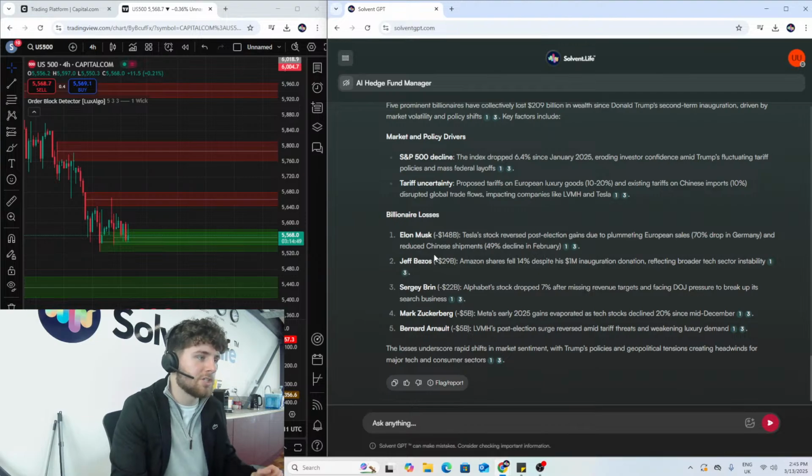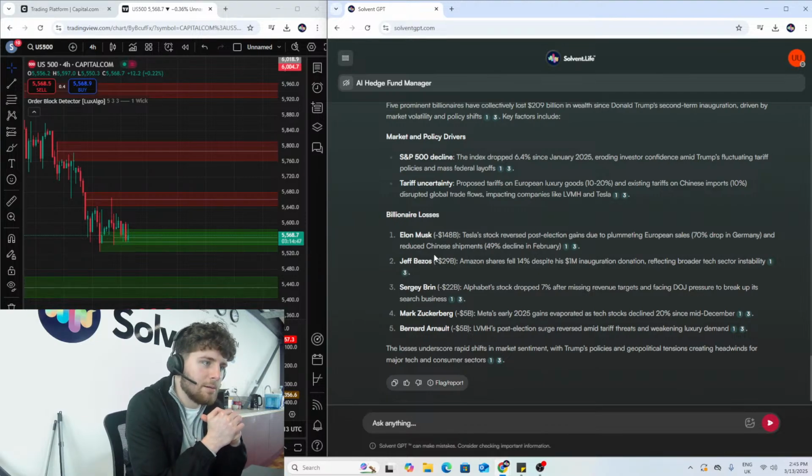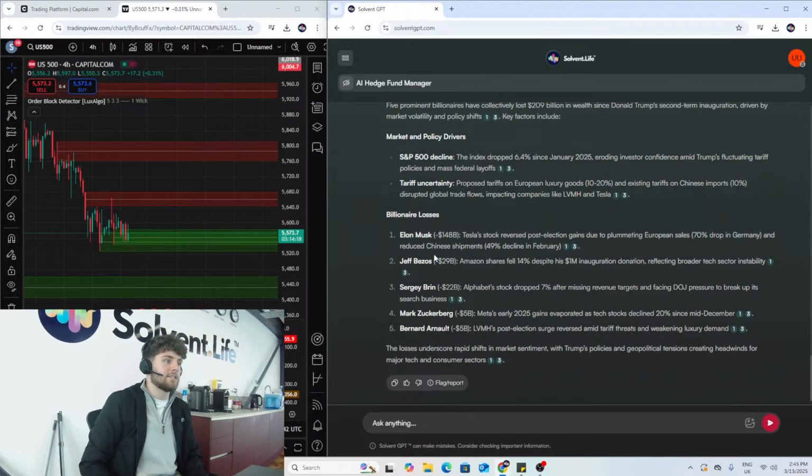Jeff Bezos has lost 30 billion. Amazon's shares fell 14%, reflecting broader tech sector instability. Sergey Brin, Mark Zuckerberg, and Bernard Arnault have lost a combined 32 billion. Wow. Out of the biggest one here, Elon Musk losing 150 billion. That is not an insignificant figure.